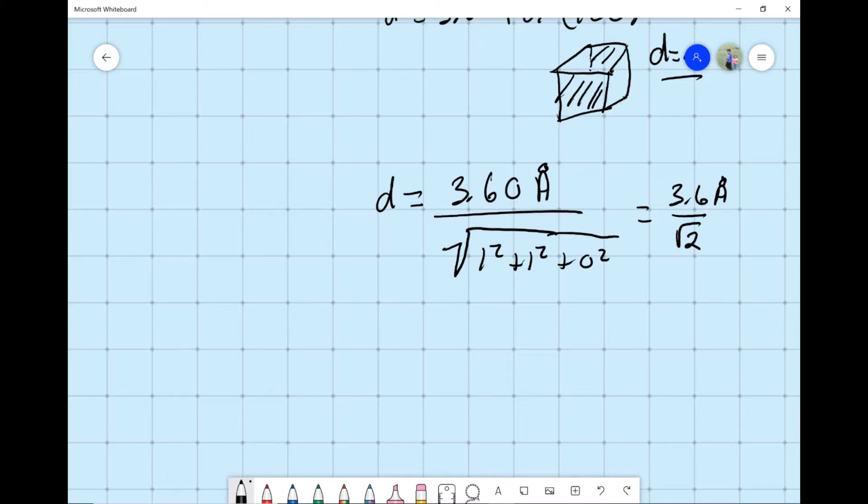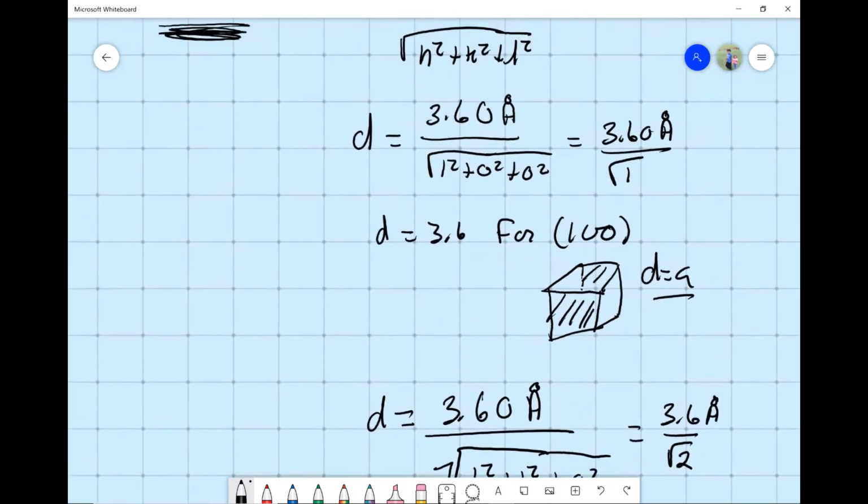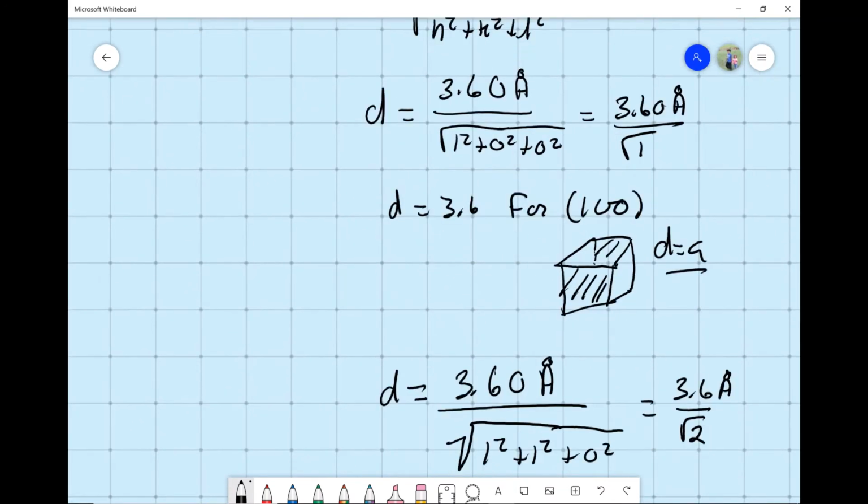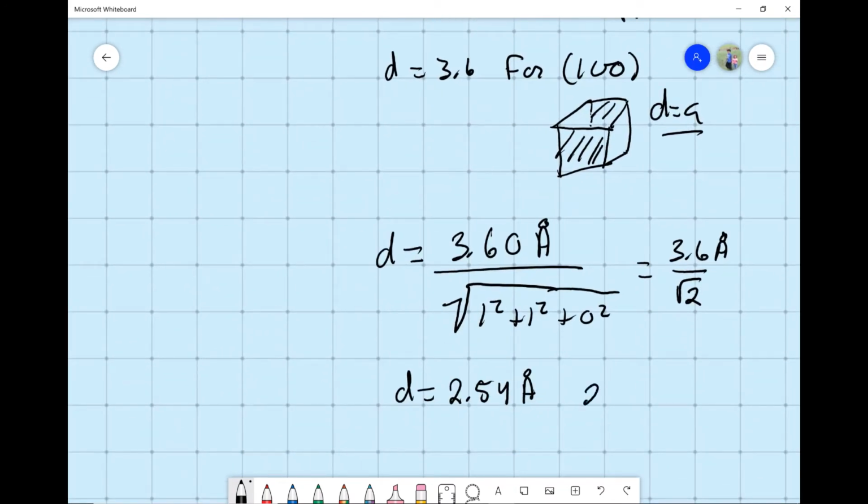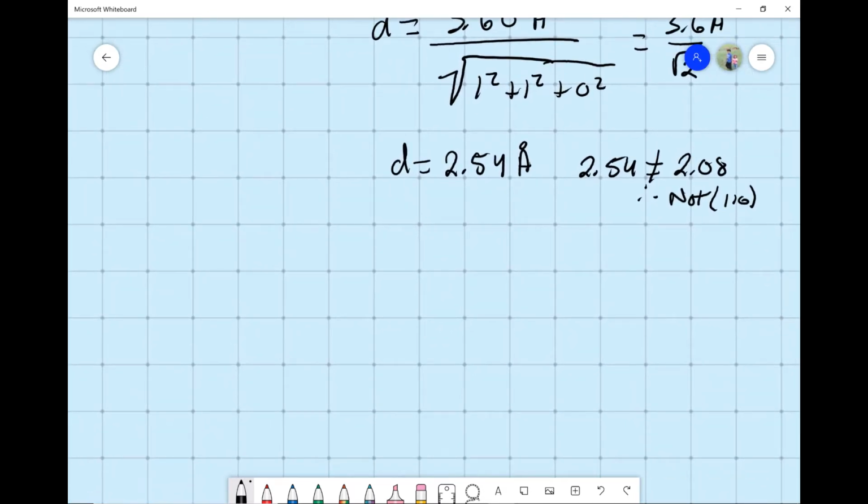And that's 2.54. Well, a D of 2.54 is not 2.08, okay? So we know it's not 110. So we only have one choice left if we're believing it's a first order reflection.